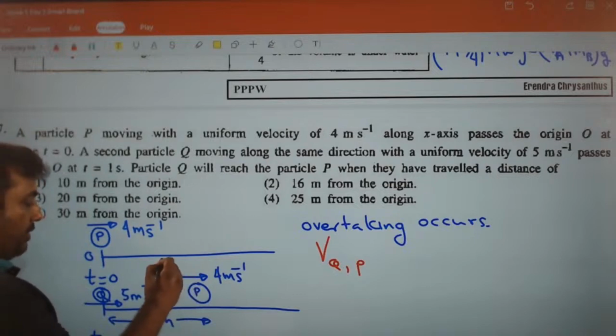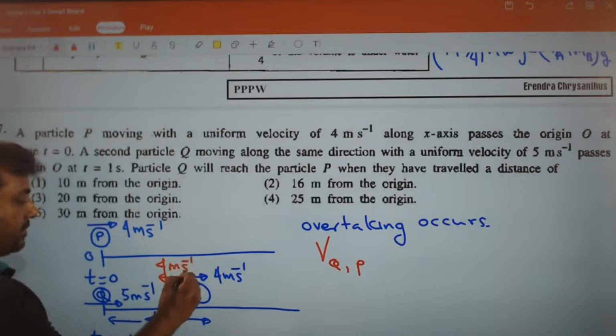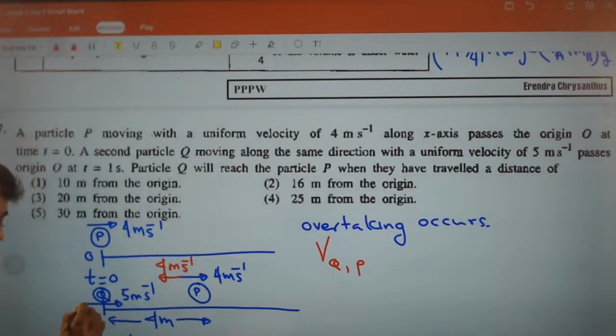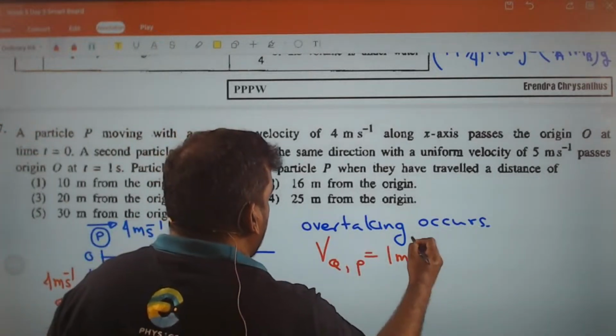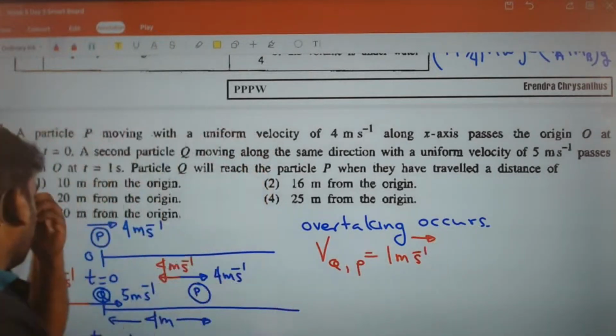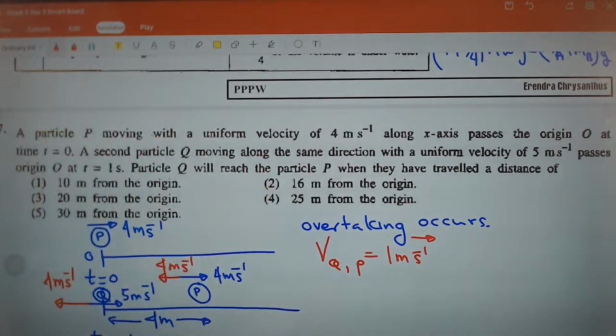Put an equal velocity in the opposite direction. So here P is at rest. Here the velocity is 1, the gap is 4. Here the velocity is equal to 1 meter per second in the forward direction.